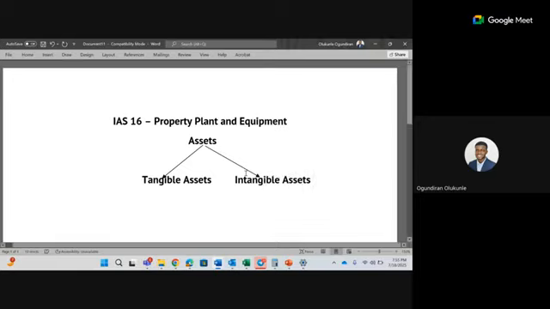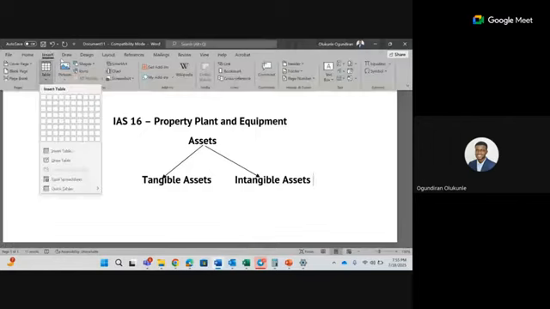Now, under this, don't forget we said that your assets can either be tangible assets or intangible assets, right? Now, your tangible assets is divided into two, right?